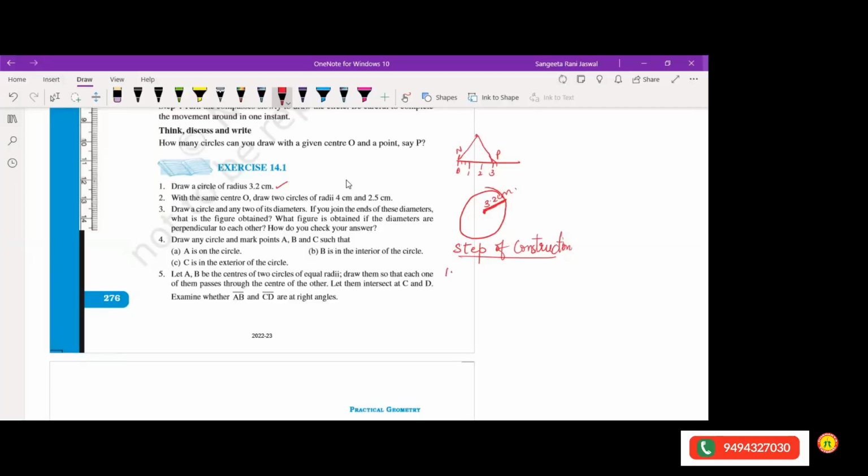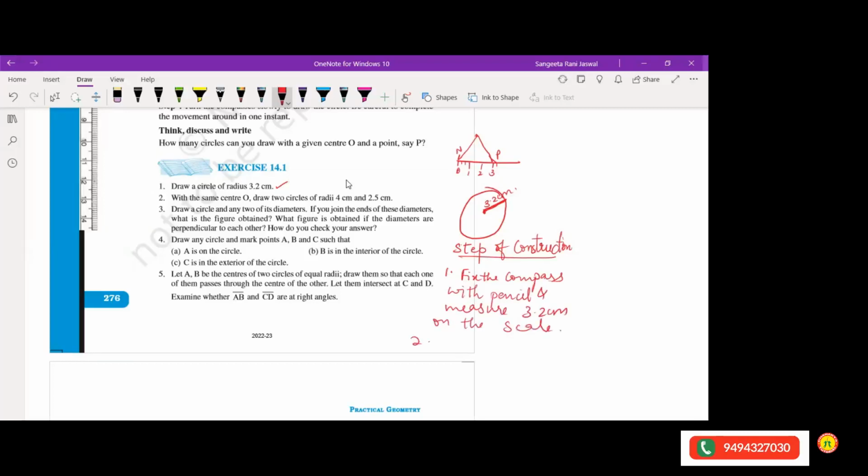We fixed the compass to a distance of 3.2. Please write down: fix the compass with pencil and measure 3.2 centimeters on the scale. This was the first step.